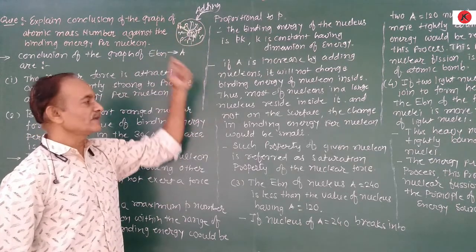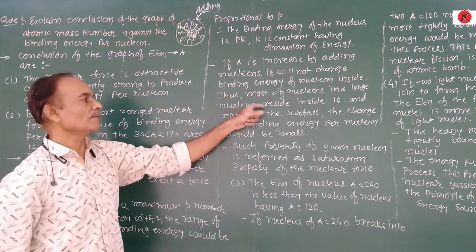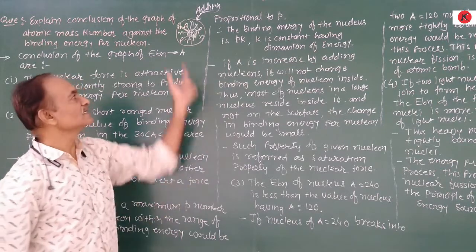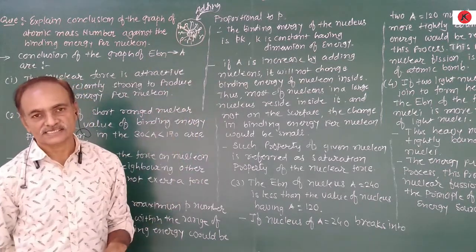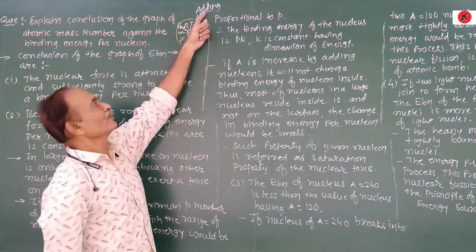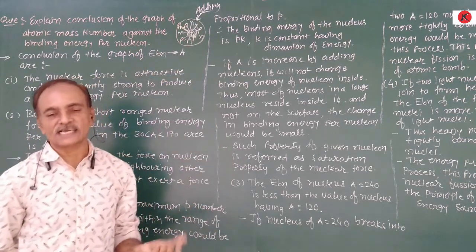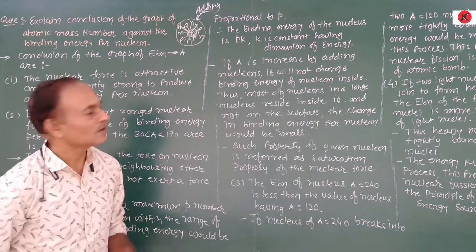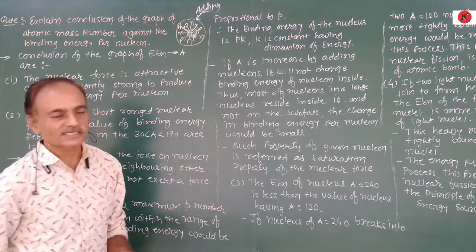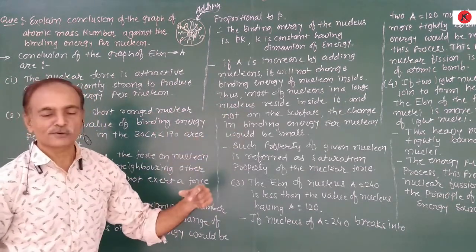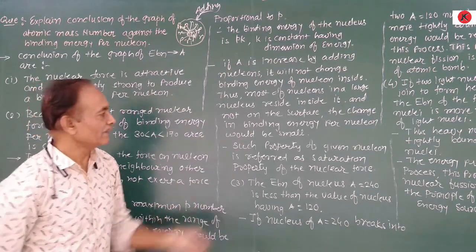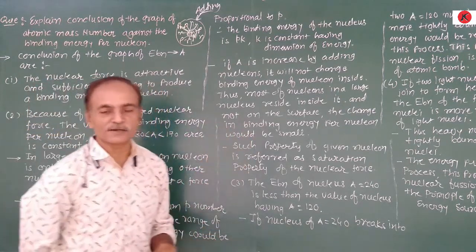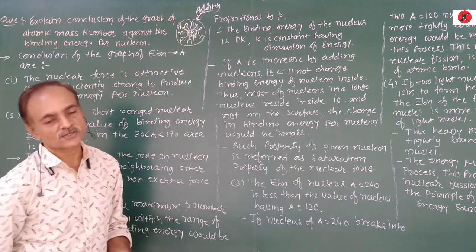In a large nucleus, most of the nucleons reside inside it, not on the surface. So an added nucleon cannot occupy the space inside among the neighboring nucleons. It is only made on the surface. So the force does not change. Therefore, the binding energy per nucleon also does not change, and the change in binding energy per nucleon is small.